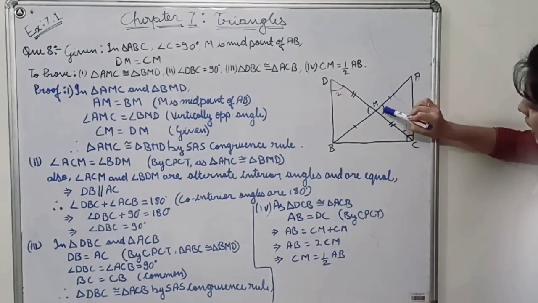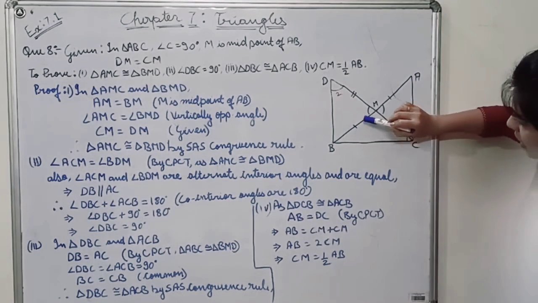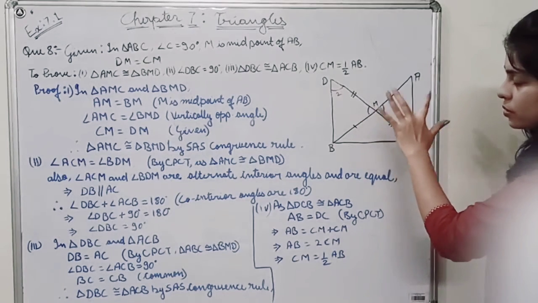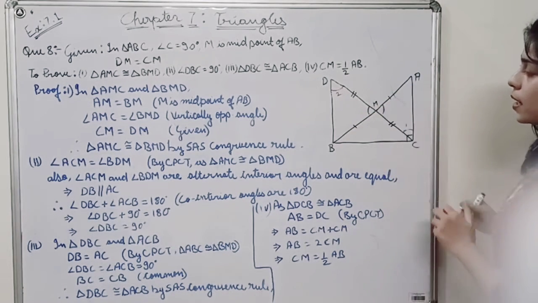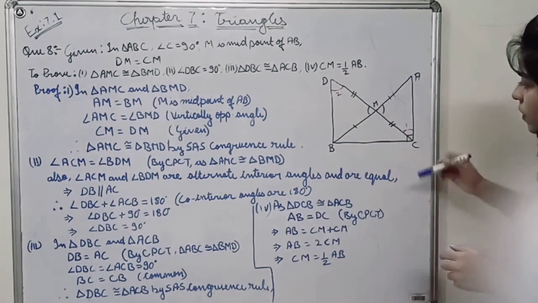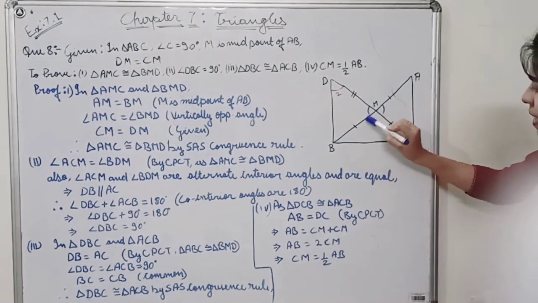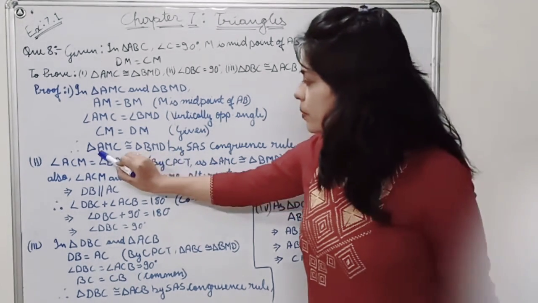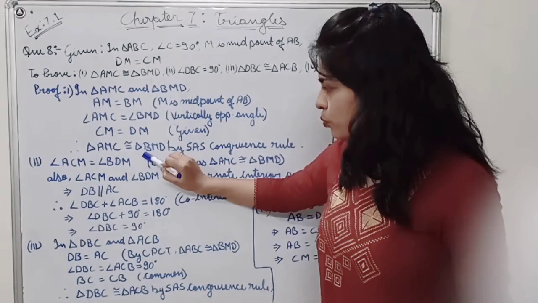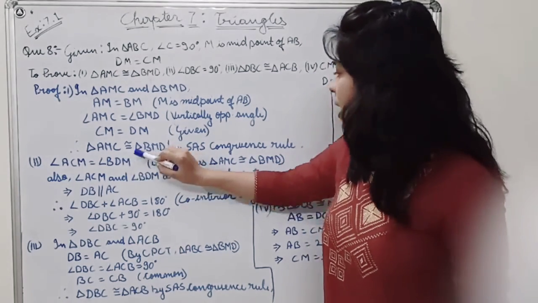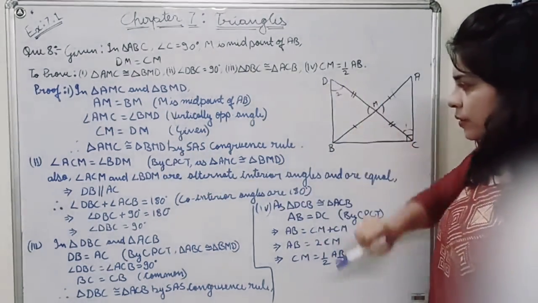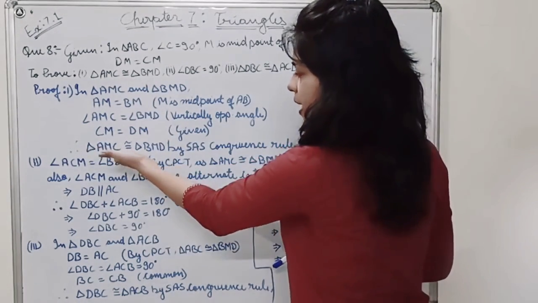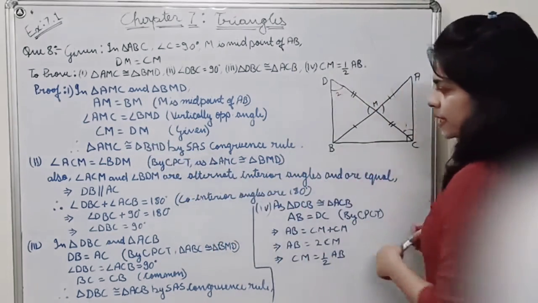So by side angle side congruence rule, these two triangles are congruent. BM was corresponding to AM. So A was corresponding to B, M was corresponding to M, and C was corresponding to D. According to the correspondence we have triangle AMC and BMD, and they are congruent by SAS congruence rule.